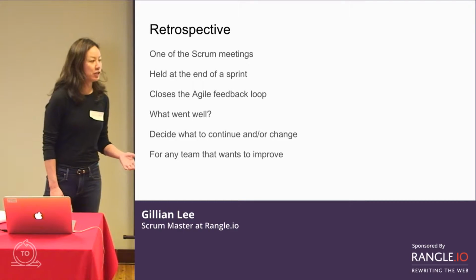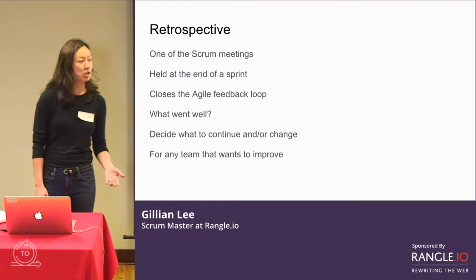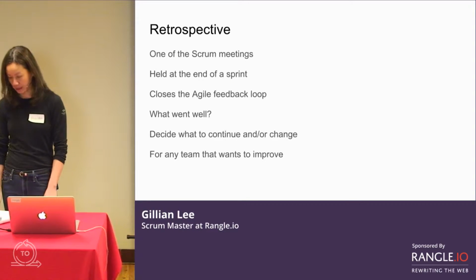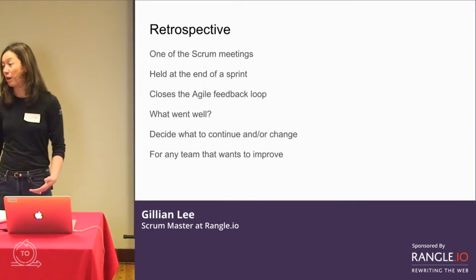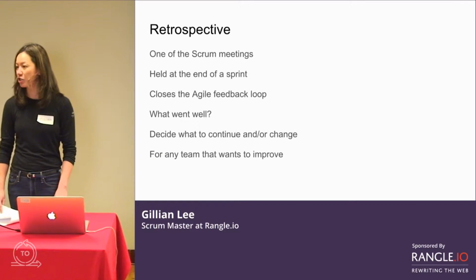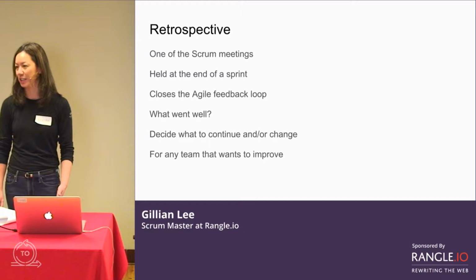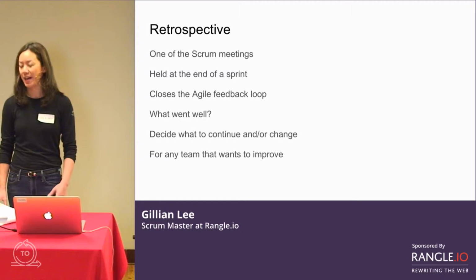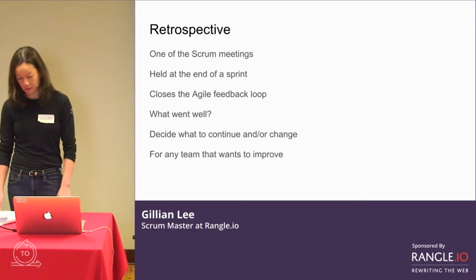In a retrospective, you consider what went well and what you might like to change in the upcoming sprint. Retrospectives are also really valuable for teams that may not be doing Agile. You don't have to be an Agile team to use a retrospective and improve your performance.